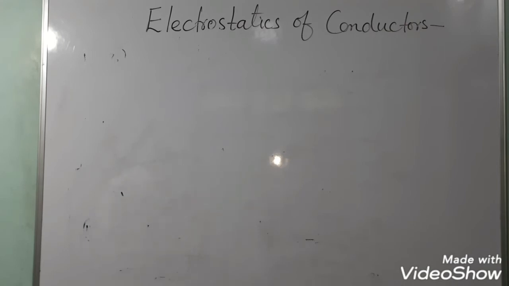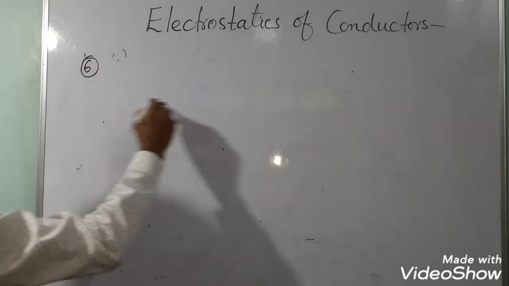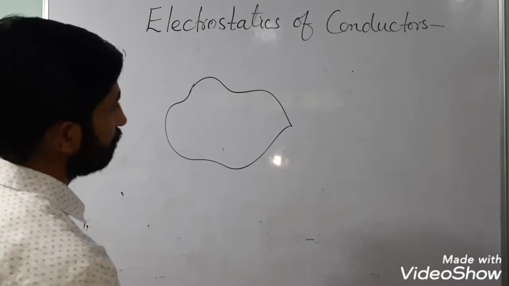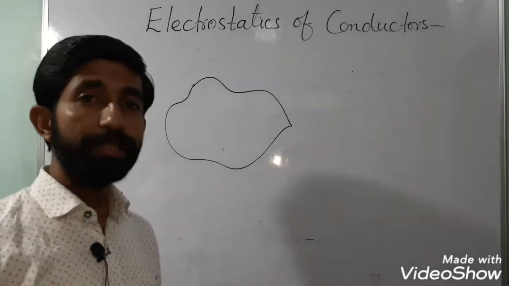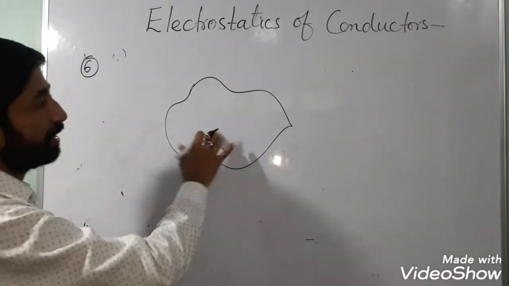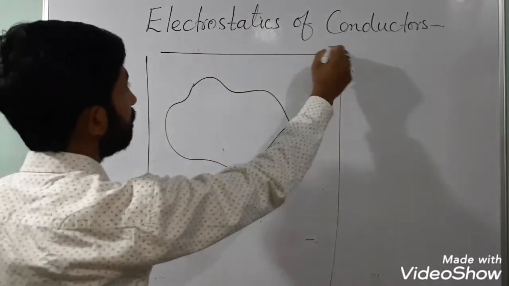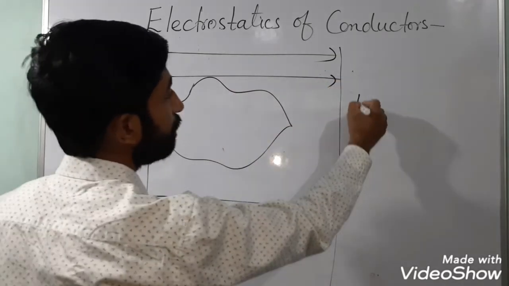We have one more, that is the last or sixth property. Suppose I have a conductor of this shape, and this is placed in an electric field, or is being charged. According to the electric field concept, the field is this way.